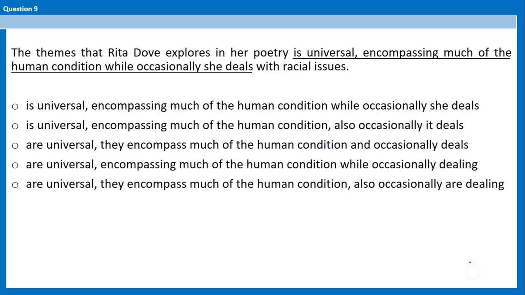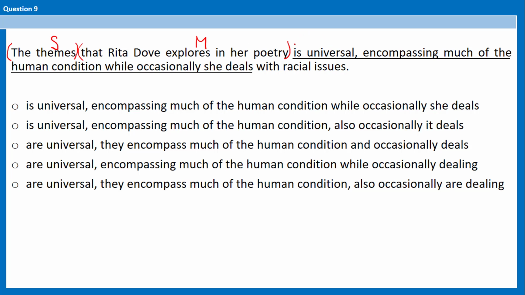Question number 9. Remember to focus on the subject, the main subject and the main verb first. Then identify modifiers and subordinated constructions. My subject here is the themes. So the themes that Rita Dove explores in her poetry, that's a modifier, it's a relative clause.